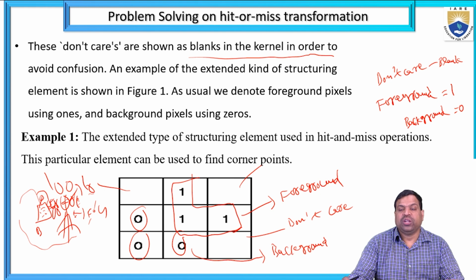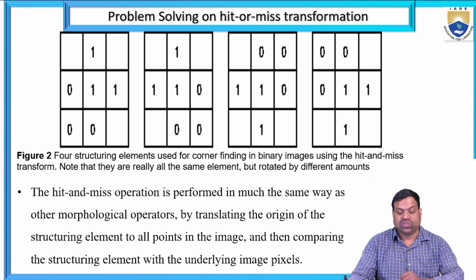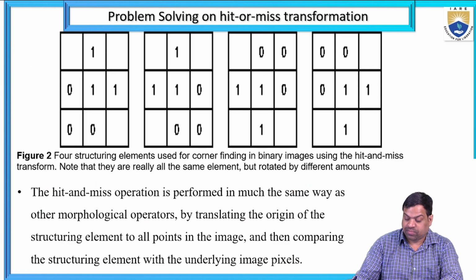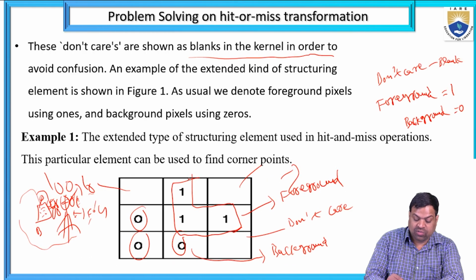The extended type of structuring element used in the hit or miss operation can be used to find corner points. So it is an extension of this example. Here we can observe that the ones are like this and the zeros are like this.